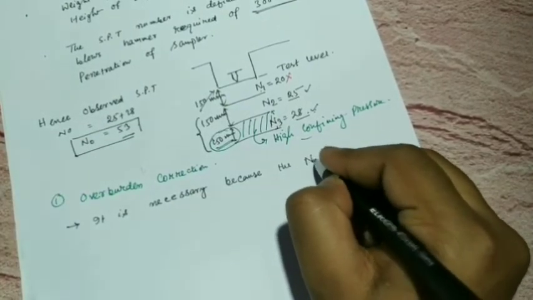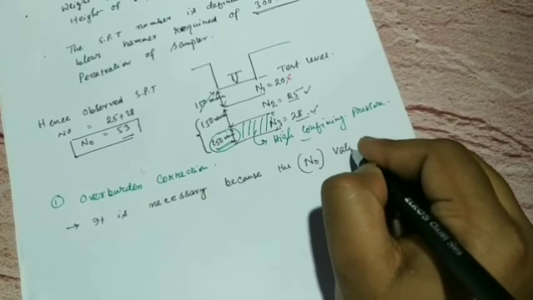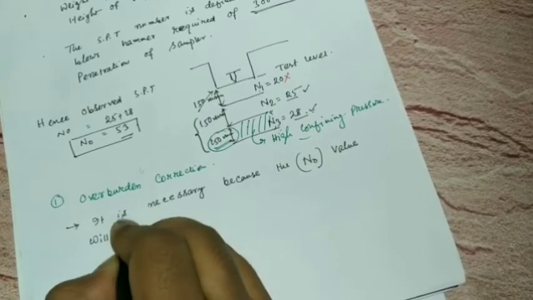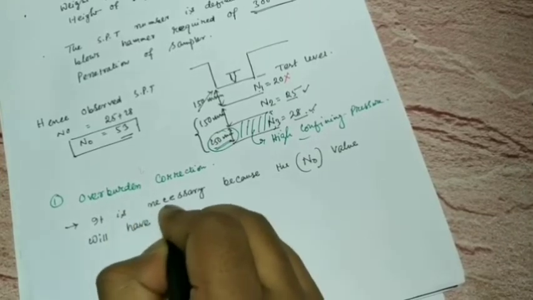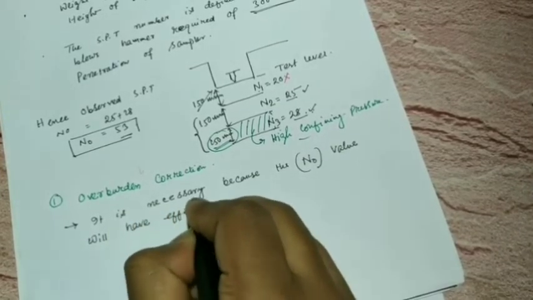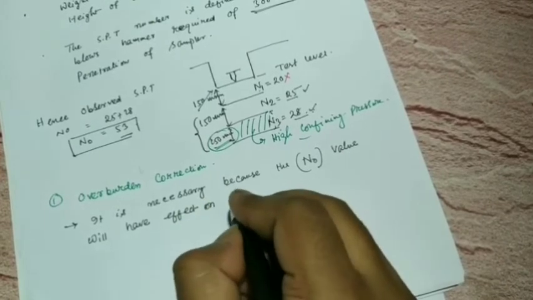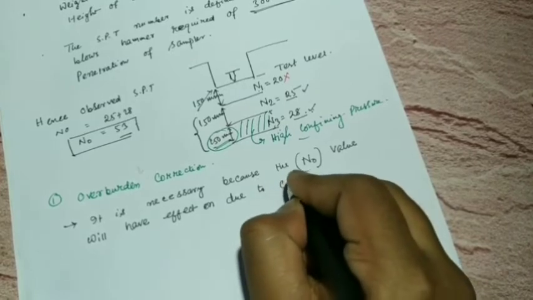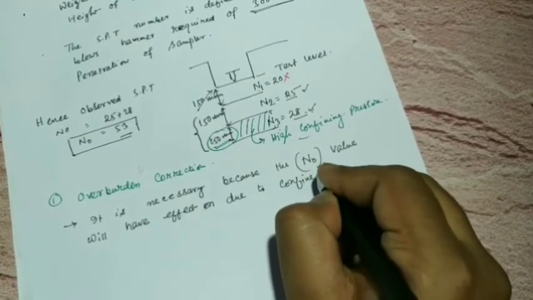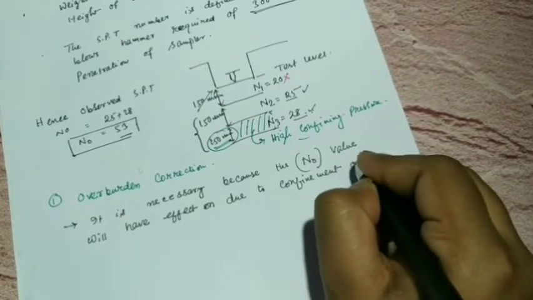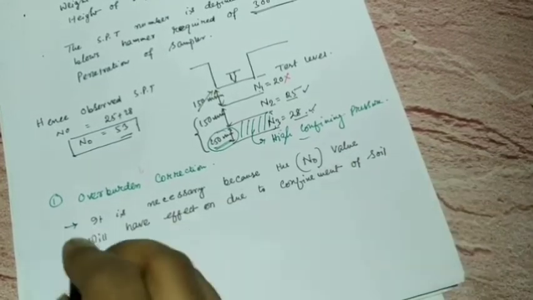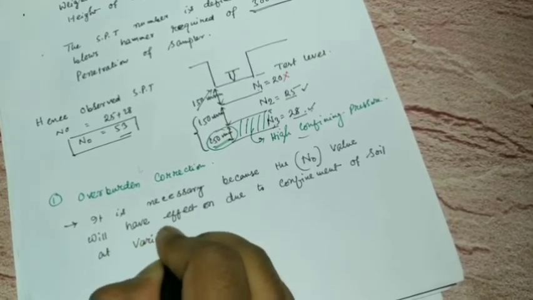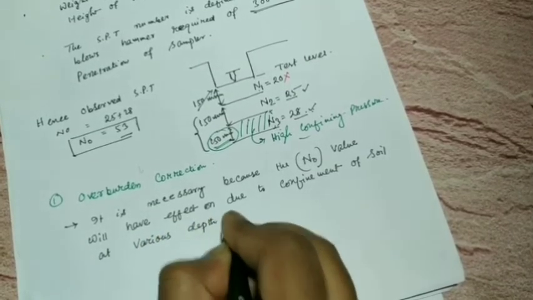The N naught value will have effect due to confinement of soil at various depth. Okay.